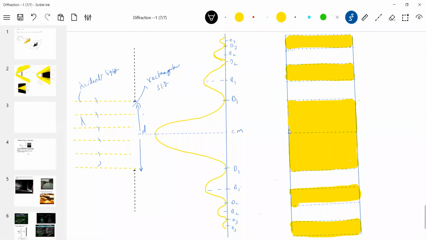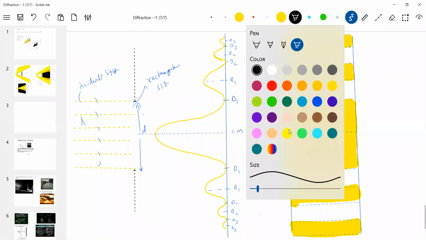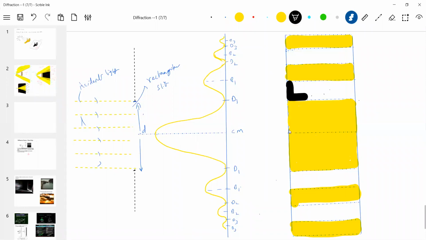There's a central maxima, and a first dark band. Complete dark will not be there elsewhere. Similar to the interference pattern, the similar idea, where it will be completely dark at the midpoint.